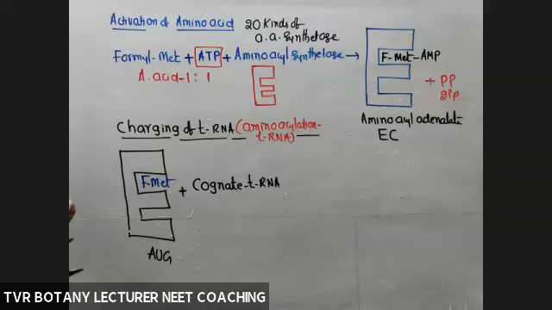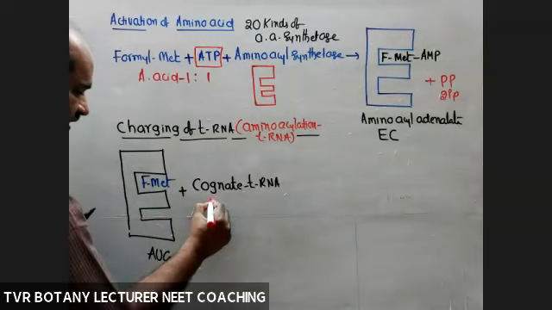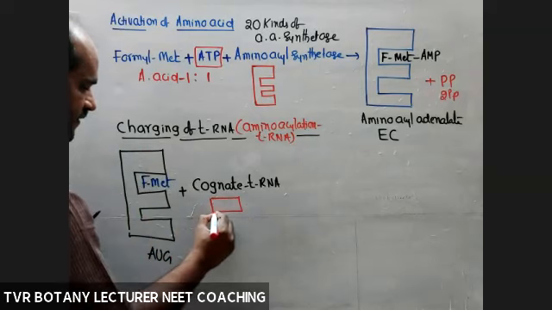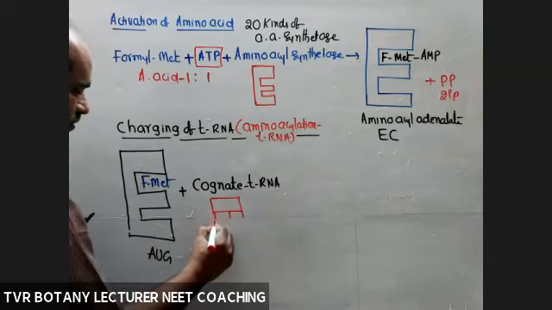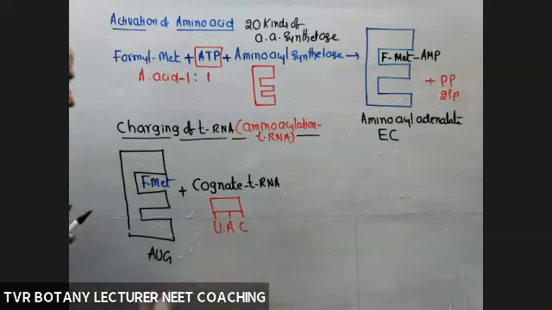Cognate tRNA. What is that cognate tRNA? tRNA with UAC anticodon. This is cognate. Cognate means concerned, related to.